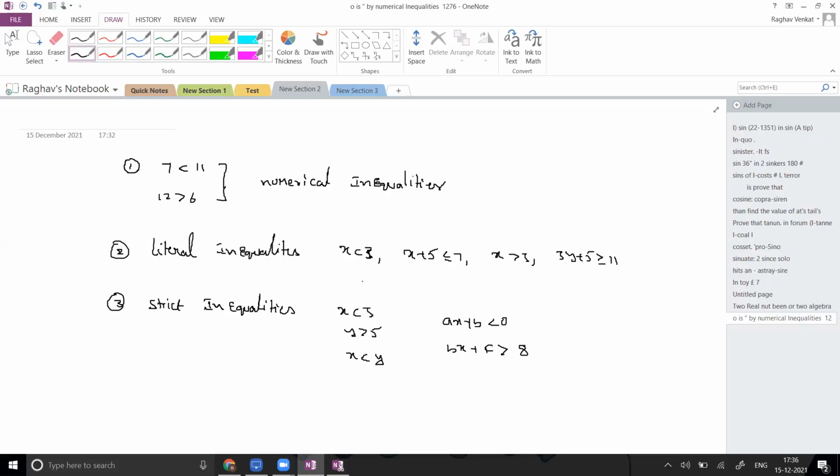Yes, correct. But literal can't always be strict, no? Suppose I take this as a literal. Why can't I say 3 is less than 7? It's a strict inequality. How can we say this is literal? Strict has its own definition.